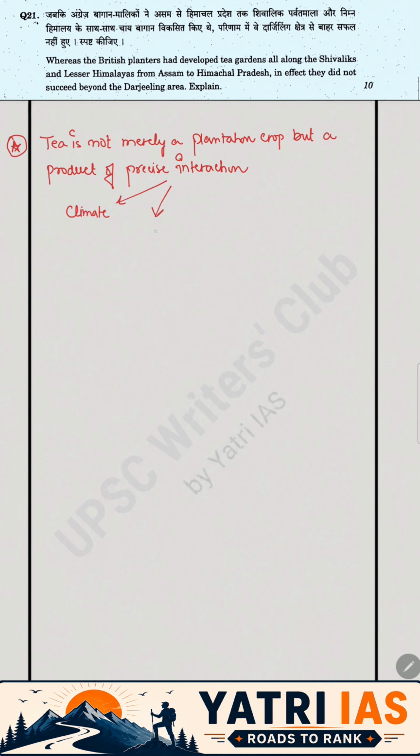Climate should be favorable for its growth. Then the factors required for its growth are altitude. Then you would mention drainage, then soil, topography, etc. All these factors help in the growth of tea. And then you would connect your introduction with what is being asked in the question.